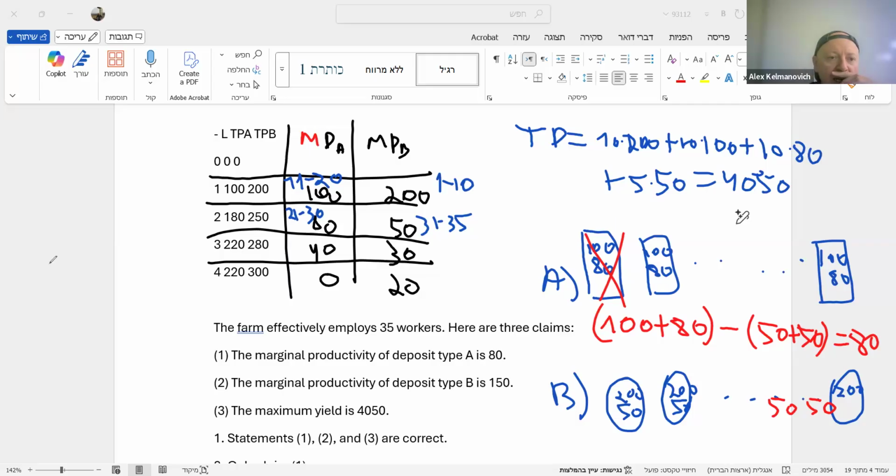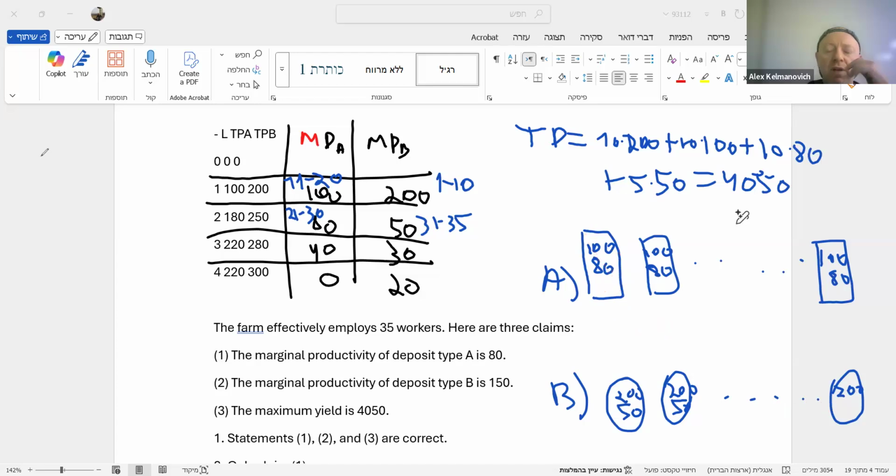Okay. And now let's make type B. So I go back to the original. For type B, it doesn't matter if I delete a field with two laborers or a field with one laborer. So let's suppose I delete a field with one laborer. Where do I put this laborer?